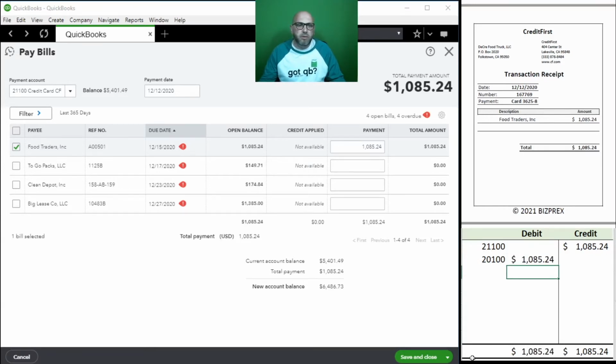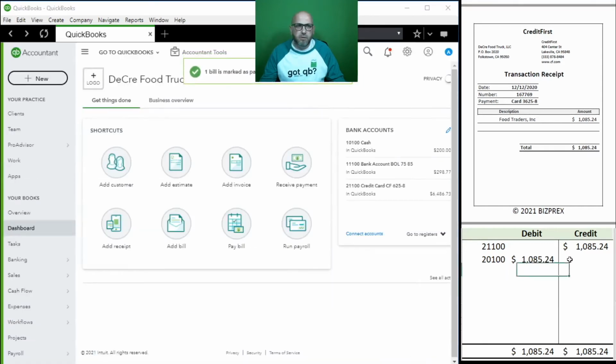So here we are. Debits and credits are in balance. This amount, the amount of payment right here, is a credit to account 21,100, and it is a debit to account 2100. So here we are. We can go ahead and pay this one. Okay, here we are, saved.